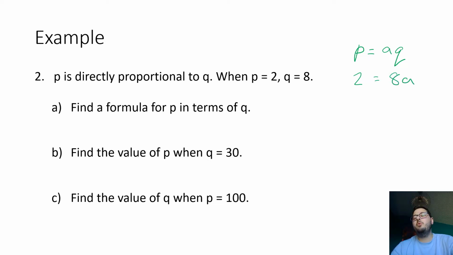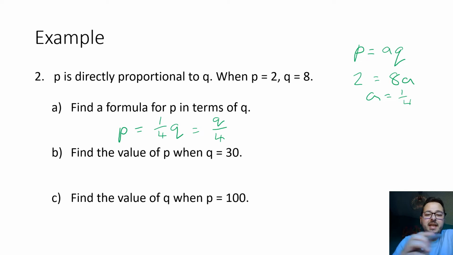Now 8 times what gives 2? Well, you divide by 4, wouldn't you, to get from 8 to 2? So a has got to be a quarter. So what we can write is P equals a quarter of Q. Or you could write it as Q over 4. That's another option.